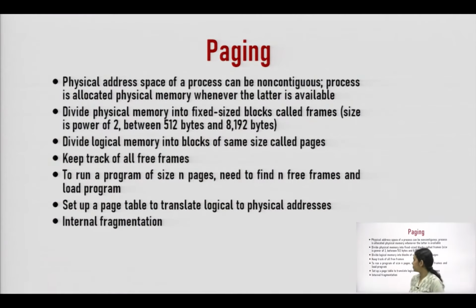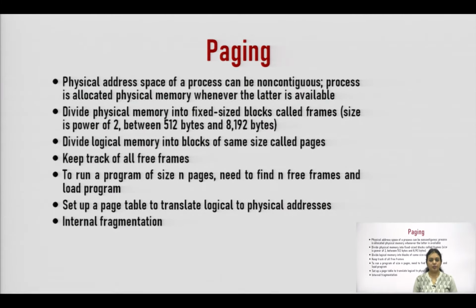Today in this lecture, we are going to cover the topic paging and virtual memory management. Now, paging is basically a memory management scheme that allows the physical memory address space of a process to be non-contiguous.